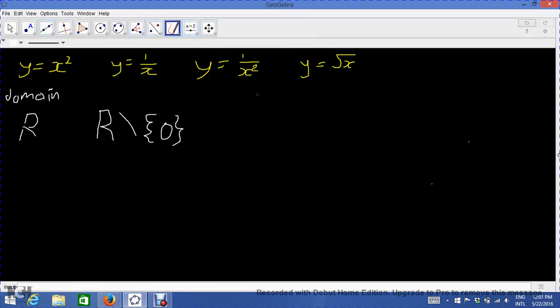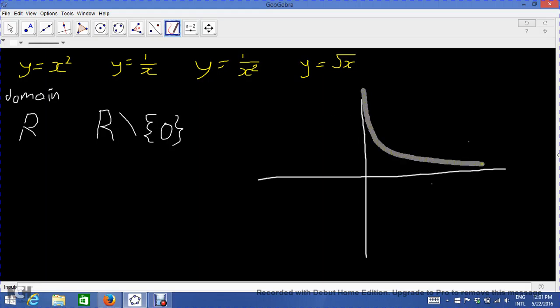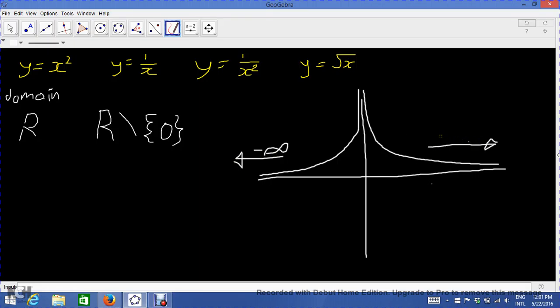Okay, 1 over x squared. And we've got the function that looks like this. So this is our truncus. So what values does x exist? Well, we've got negative infinity going this way, we've got positive infinity going this way.